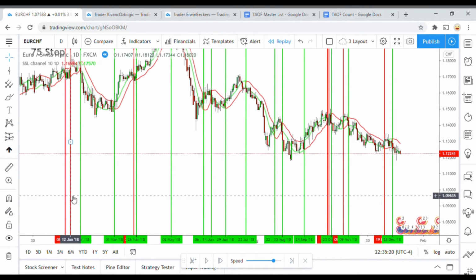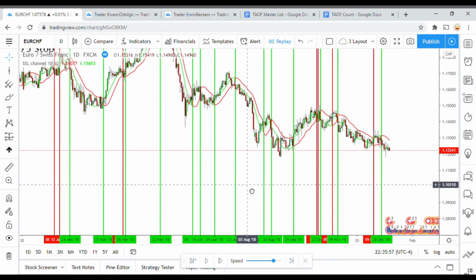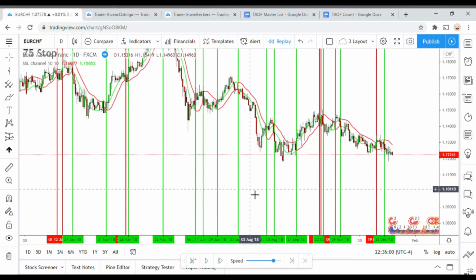Okay, let's add them up here and see what we got. 1, 2, 3, up to 21 wins, and we have 14 losses... 14 trades all together.